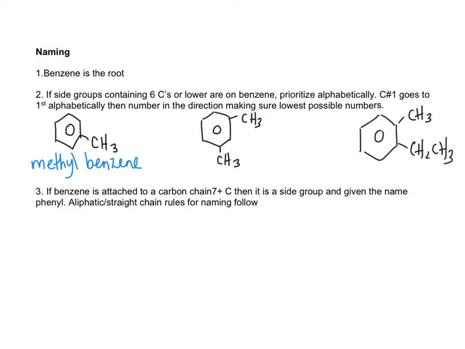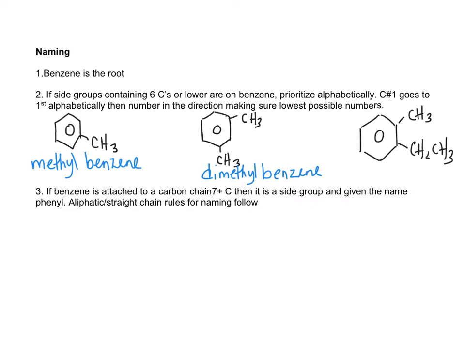This middle structure here has 2 side groups, so we're going to need numbers to say which carbons they're on. So the root is benzene, and we have 2 side groups, but they only contain 1 carbon. So this is a dimethyl. They're the same side group, so you pick one of them to be carbon number 1 in the benzene ring.